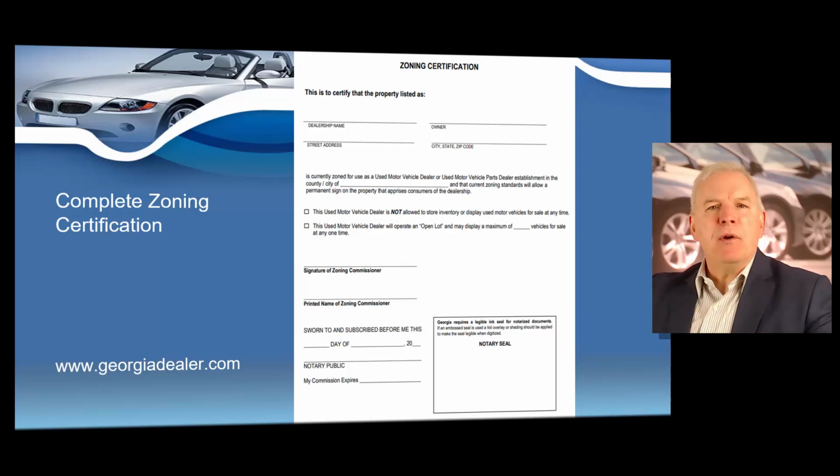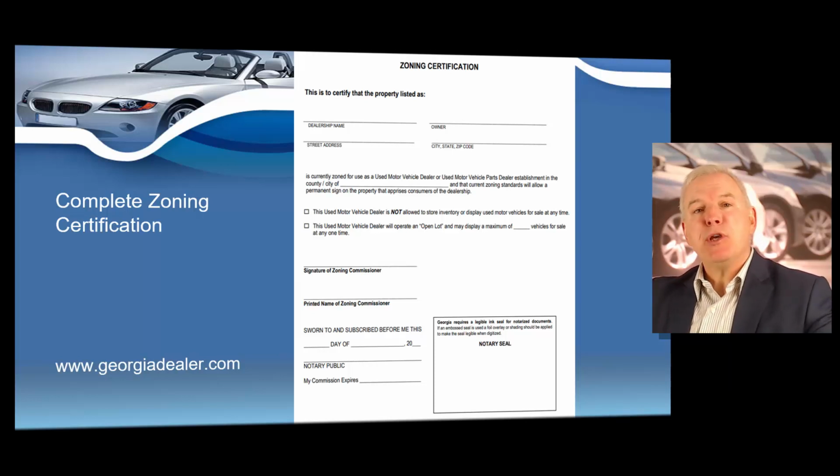Now, the zoning commissioner might be a city zoning commissioner, if your dealership is located in a city, or could possibly be a county zoning commissioner if your dealership is located in an unincorporated area of a county that's not in a city. You'll need to visit the zoning office in your city, which would probably be in your city hall, or your county, which will probably be in your county courthouse, and you will have to have this form signed.